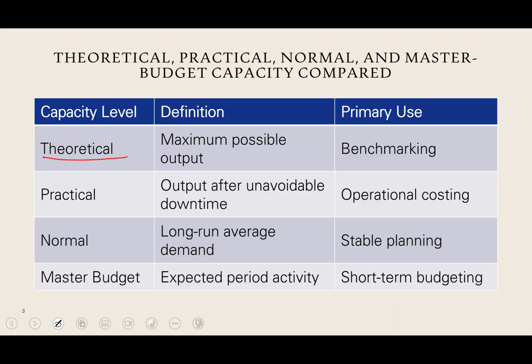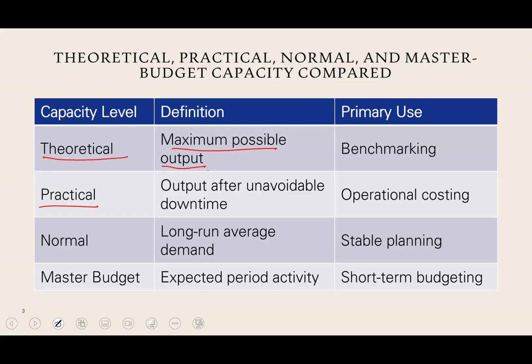Now let us first define the 4 capacities before we go into the numerical problem. Theoretical capacity is the maximum possible output a company can make. It's almost like saying, if you have an exam tomorrow, how much theoretically can you study today? Well, theoretically, you have 24 hours. So your theoretical capacity is 24 hours, but I'm sure you're already laughing because it's not practical for anyone to study all 24 hours.